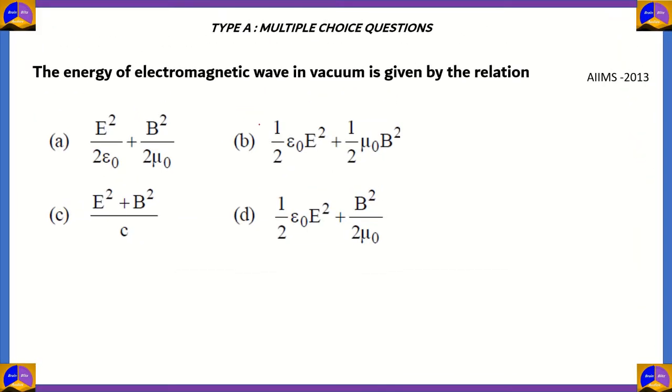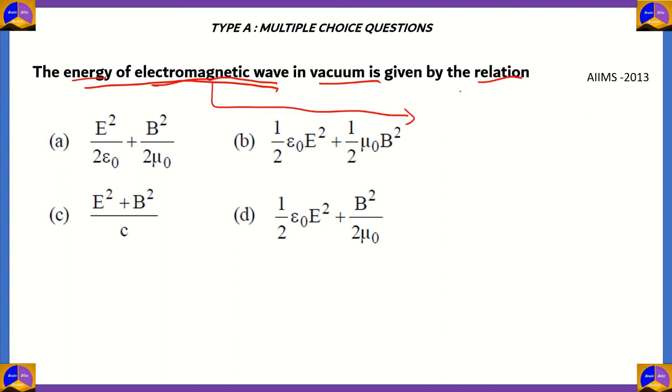Next question. The energy of electromagnetic wave in vacuum is given by the relation. And we have 4 relations given here. So, how do you calculate the energy of an electromagnetic wave?